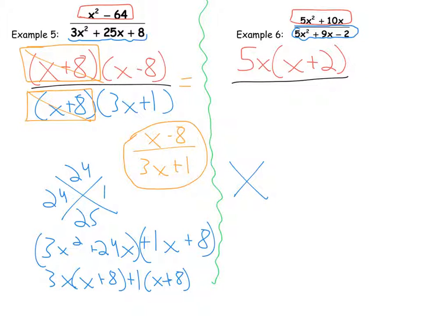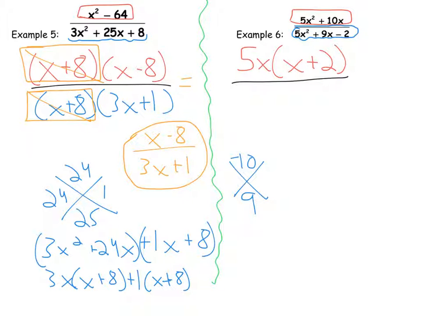Okay, so number puzzle, right? I'm going to take the first term, 5, times the last term, negative 2. So that is going to be negative 10. And the bottom term is going to be the middle, which is just 9. So I need 2 numbers that multiply to negative 10, but add to positive 9.